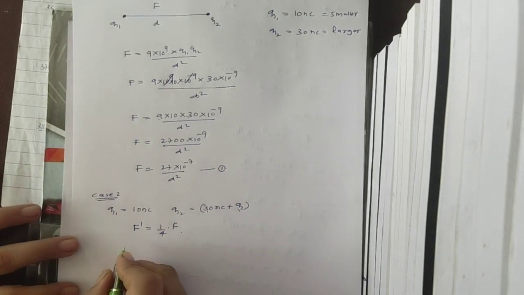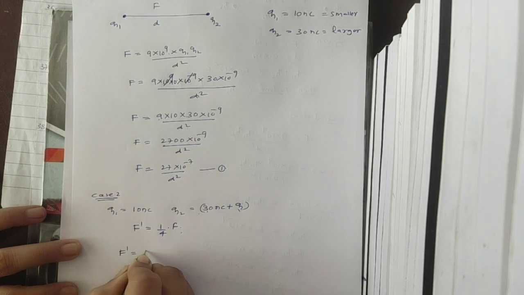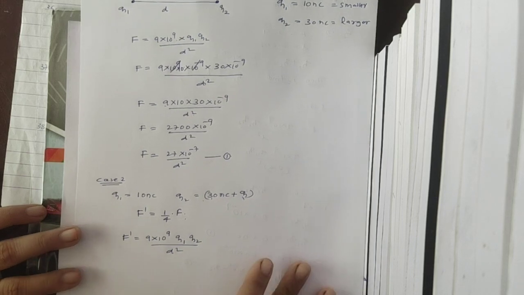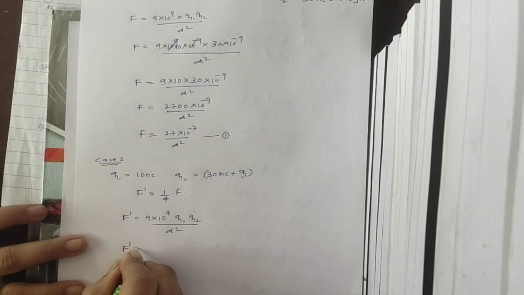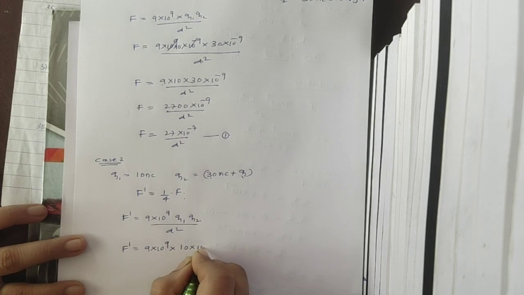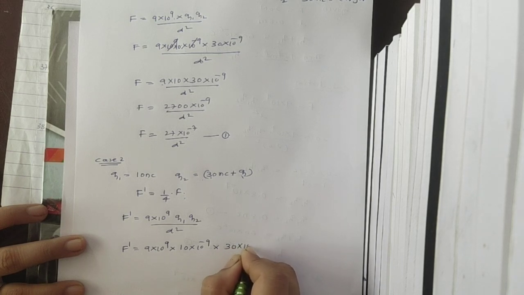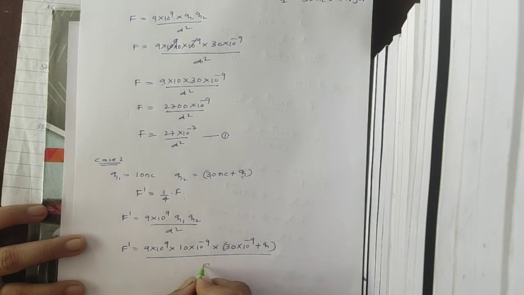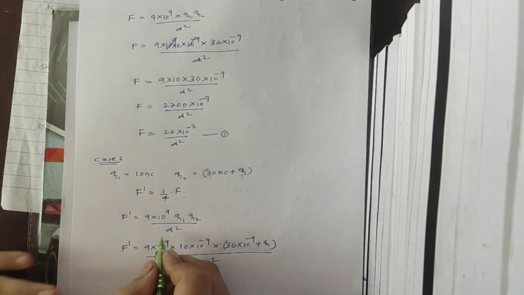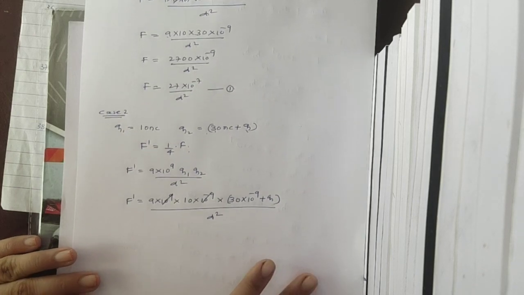Now we will write the expression for F dash. F dash equal to 9 into 10 to the power 9 Q1 Q2 divided by D square. Q1 is 10 nanocoulomb, Q2 is 30 into 10 to the power minus 9 plus Q, divided by D square. Now plus 9 minus 9 cancels.